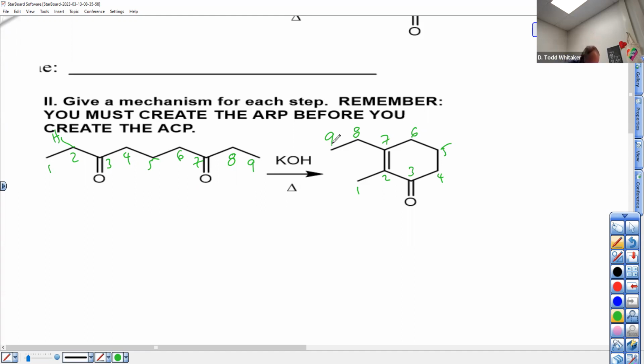So step 1, take the alpha H off the right position. You can't do a two-stepper here because carbon doesn't start with a lone pair.